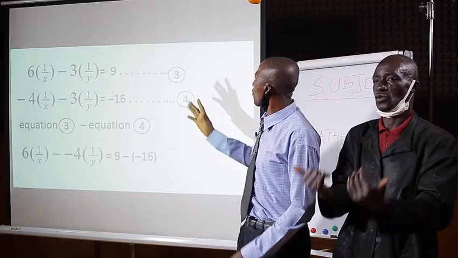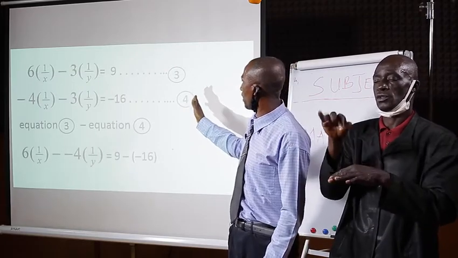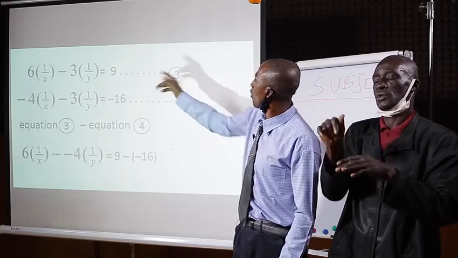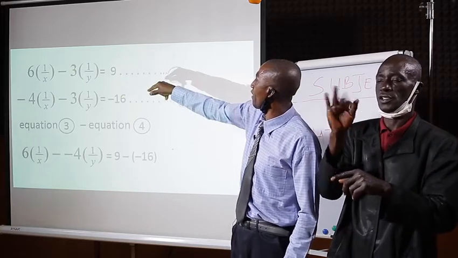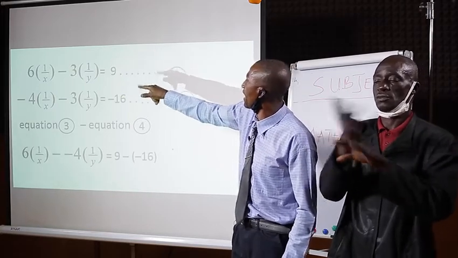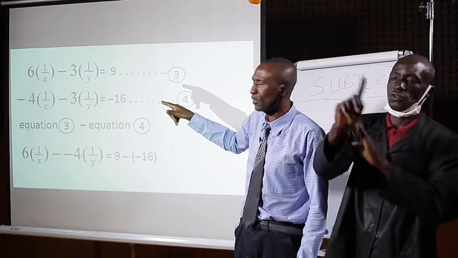Now, if you multiply equation 1 by 3, then the first term, that is 2 into 1 over x, multiplied by 3 becomes 6 into 1 over x.